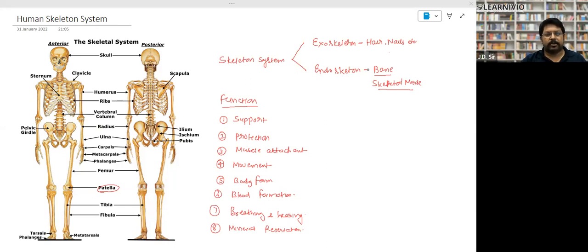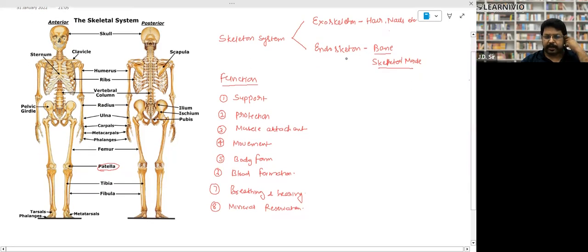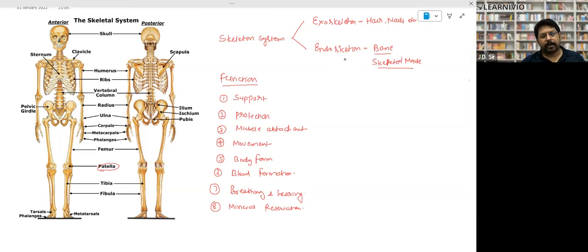Exoskeleton: hair, nail, external skin. The upper part of the skin is dead, right? So these are all known as exoskeleton, which is found outside of the body. The other kind is called endoskeleton, the supportive framework which is found inside our body.